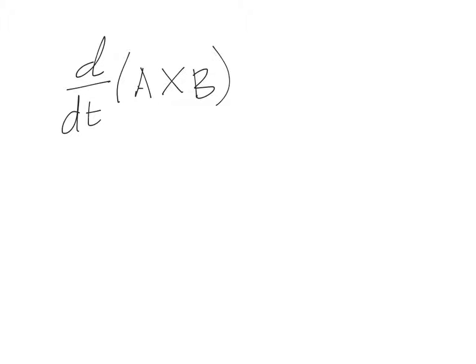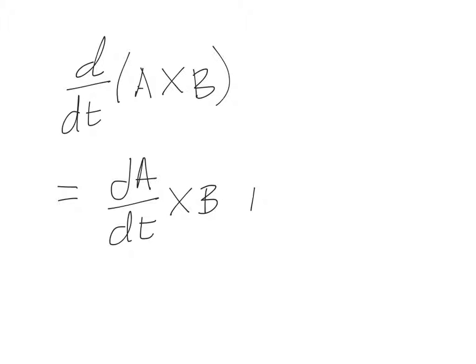So if I'm doing the derivative with respect to time of the cross product A cross B, the rule for that is that I'm going to end up having the derivative of A with respect to time cross B, and then I'm going to add that to vector A cross the derivative of B with respect to time.